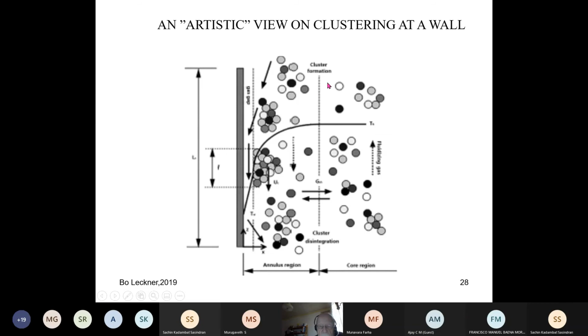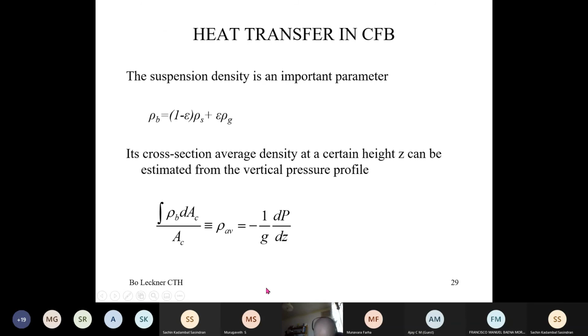This is the wall, this is the core, and this is the temperature from the core to the wall. This is the gas gap, and these are the clusters close to the wall, entering, leaving their heat, and dissipating, disappearing, or falling down further. This is probably the behavior in the circulating fluidized bed.